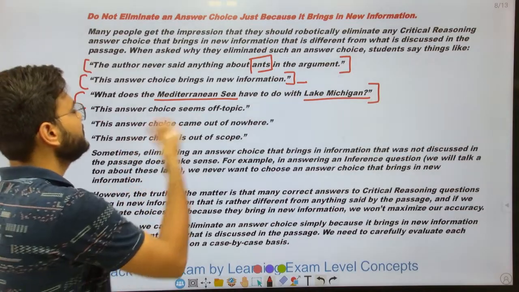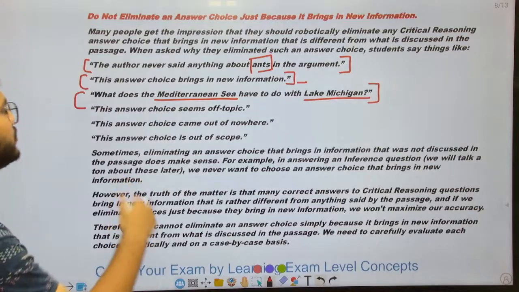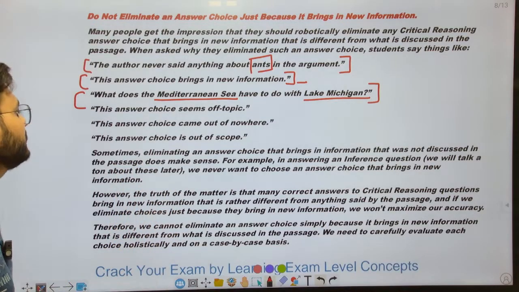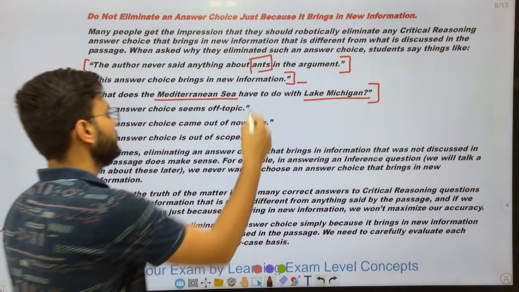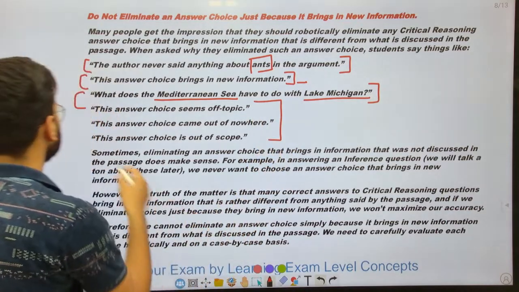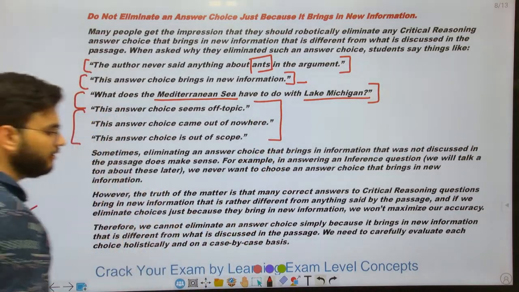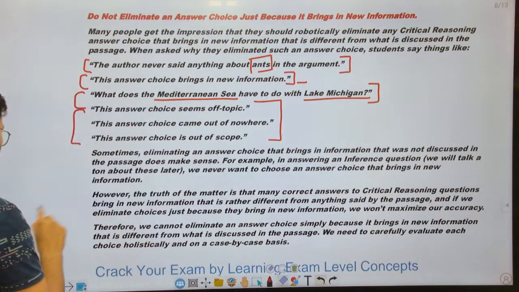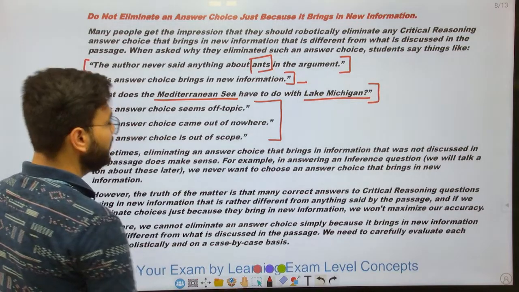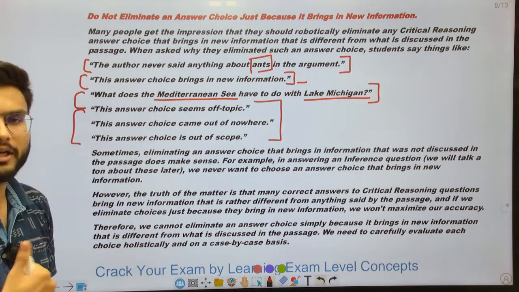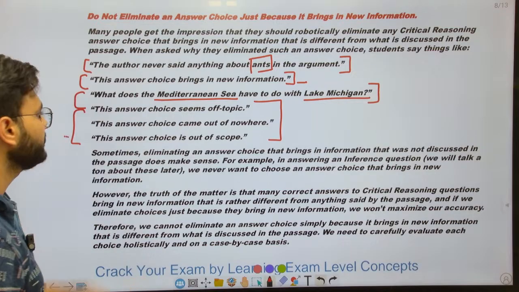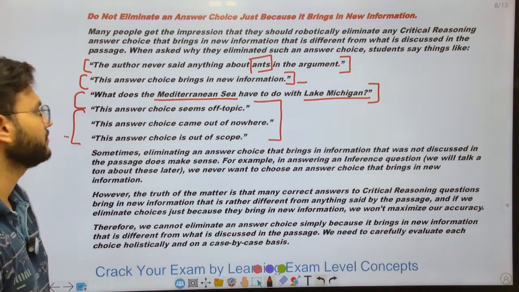This answer choice seems off the topic. This answer choice came out of nowhere. This answer choice is out of scope. I cannot say all these things unless there is no logical connection. These choices will only be irrelevant when we have no logical connection. So we need to focus on those.